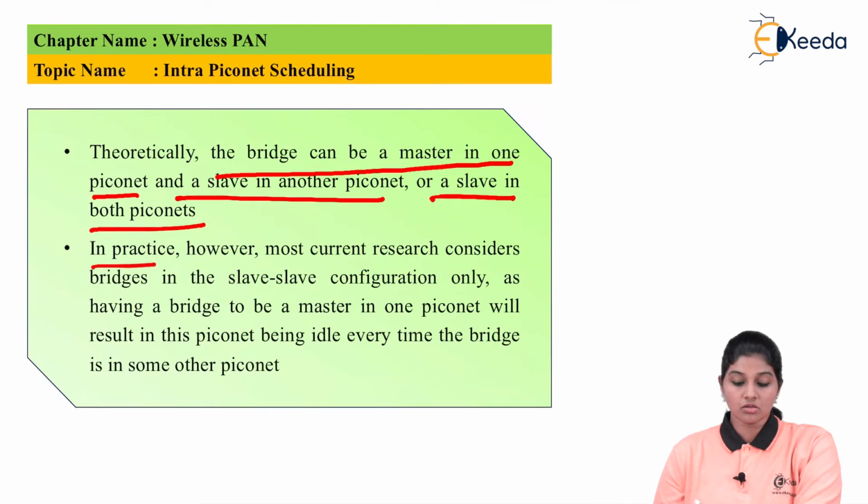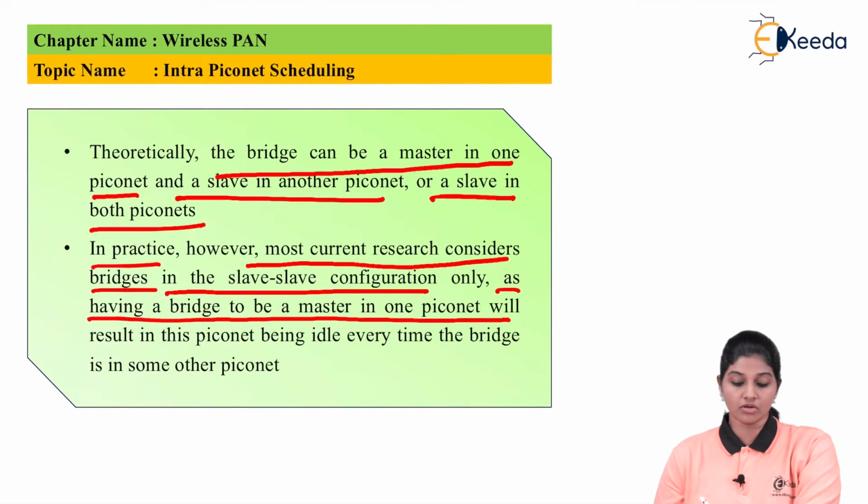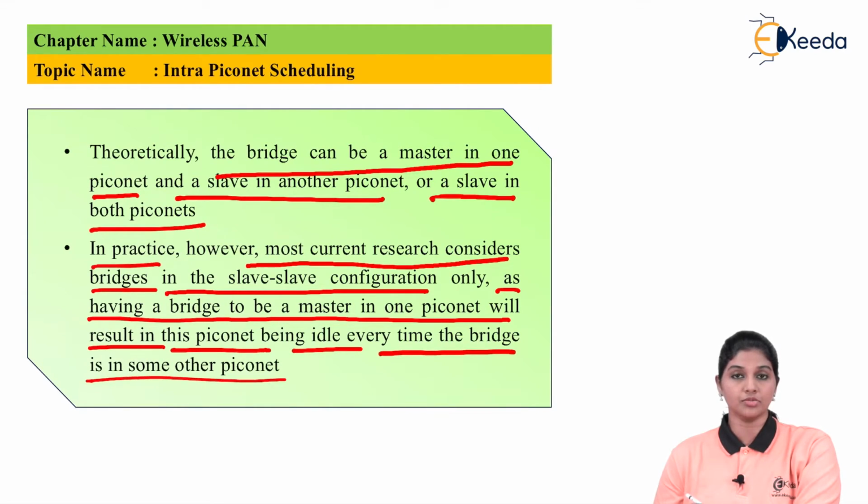Now in practice, most current research considers the bridge in slave configuration only, as having the bridge be master in one Piconet will result in this Piconet being idle every time the bridge is in some other Piconet.